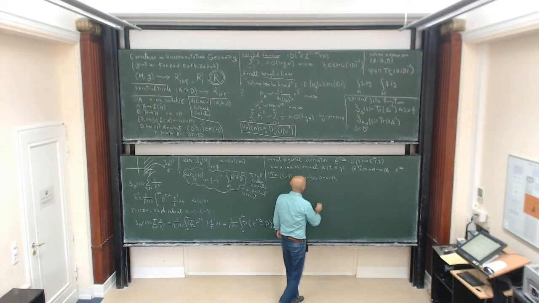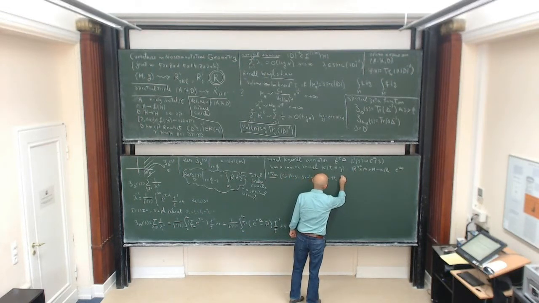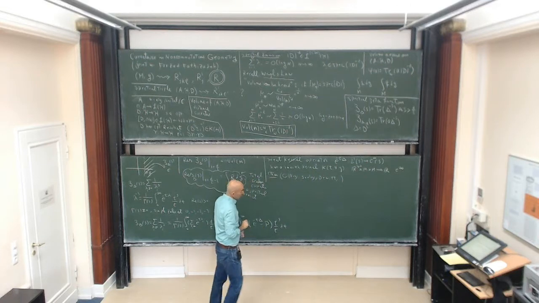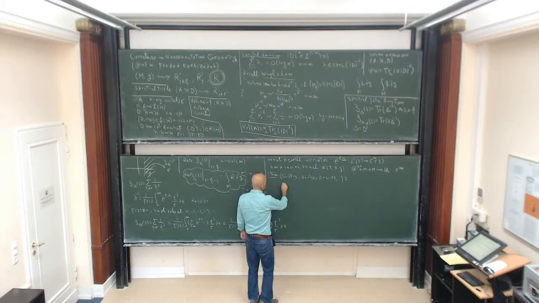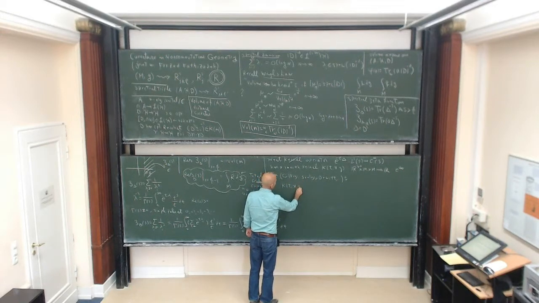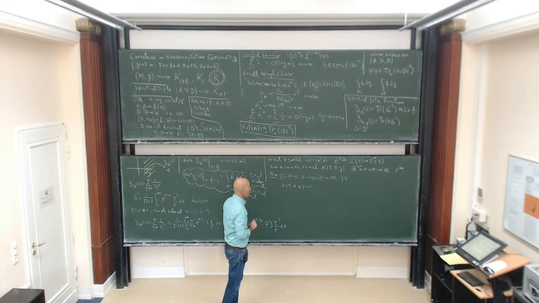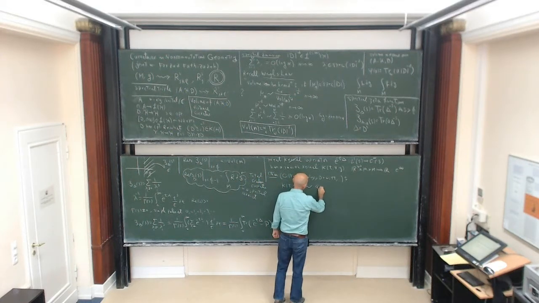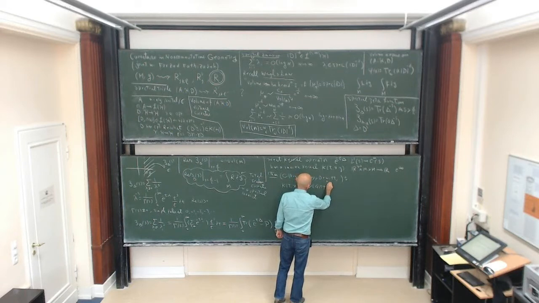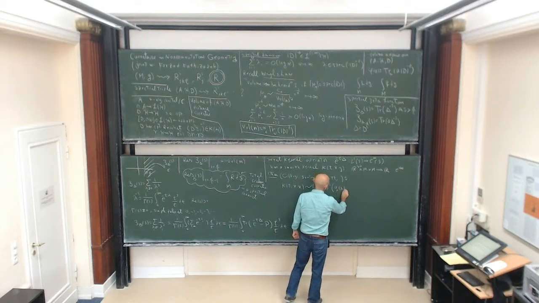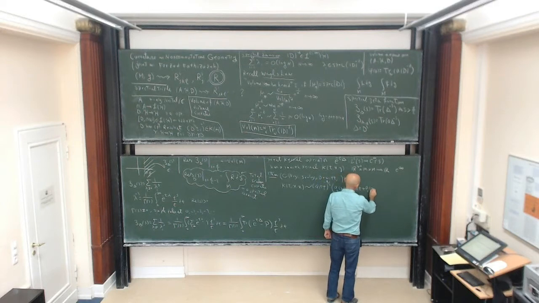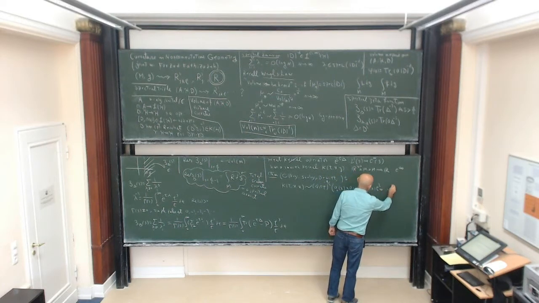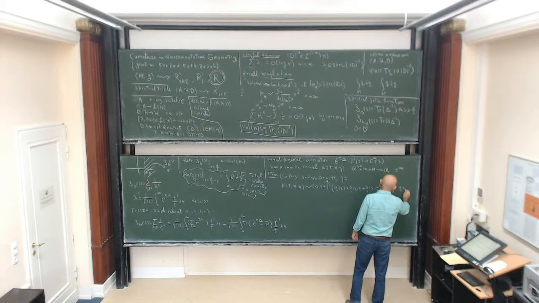I think maybe I have to add other names, but let me just leave it like that. So the theorem is that on the diagonal there is a formula: k(t,x,x) is asymptotically given by (4 pi t) to the power minus n over 2 times a0 of x plus a1 of x t plus a2 of x t squared, and so on and so forth, as t goes to 0.